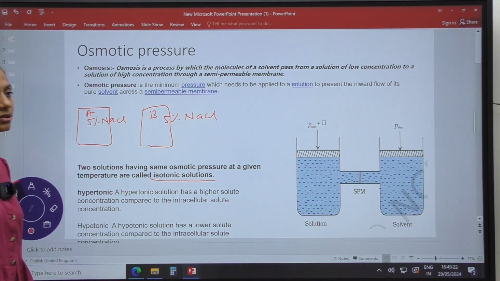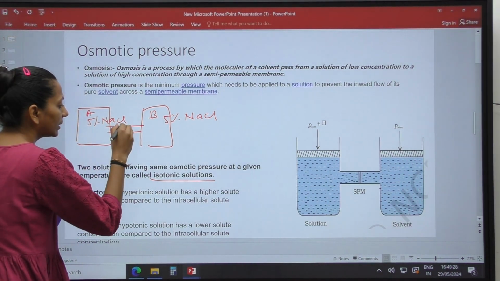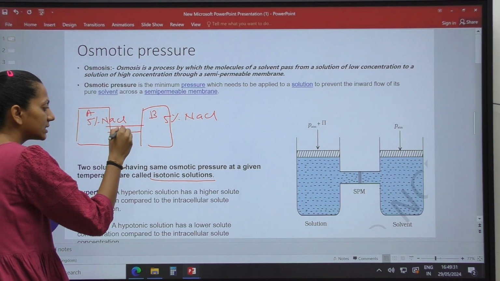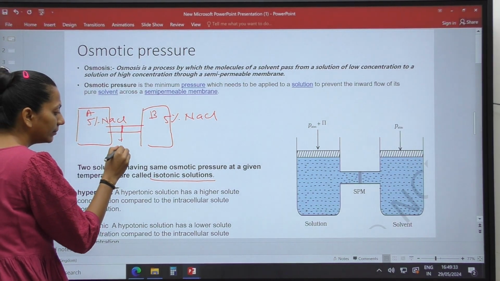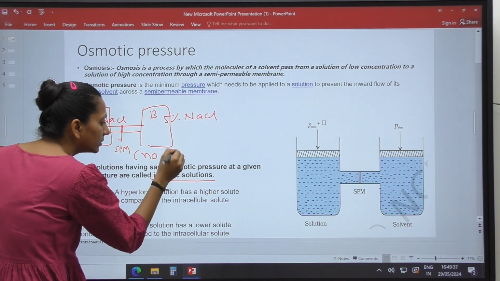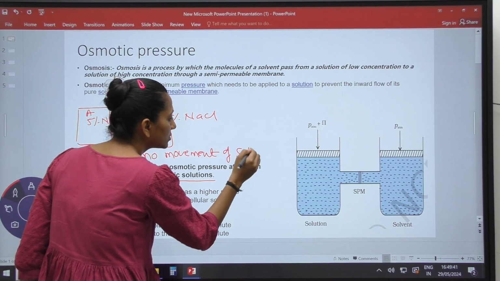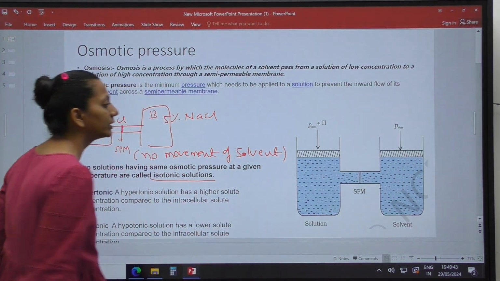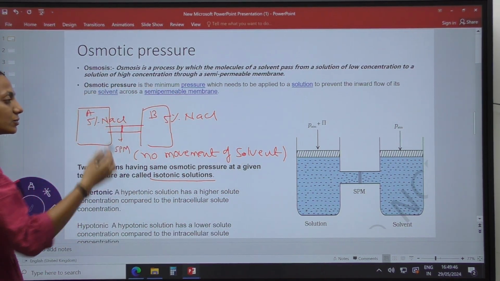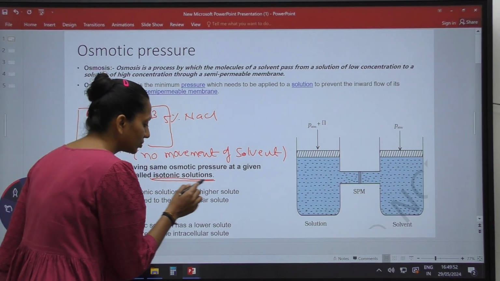When we keep these two solutions in different compartments, separated by a semi-permeable membrane, there is no movement of solvent molecules between these two solutions. At that time, the concentration of both the solutions is the same, and those solutions are known as isotonic solutions.